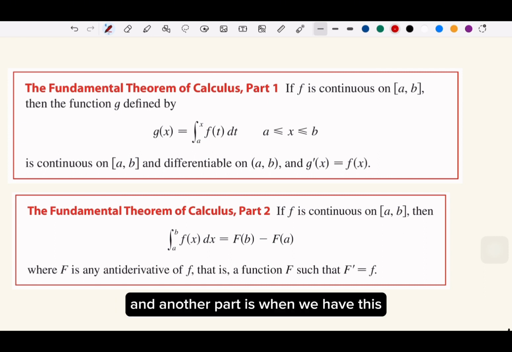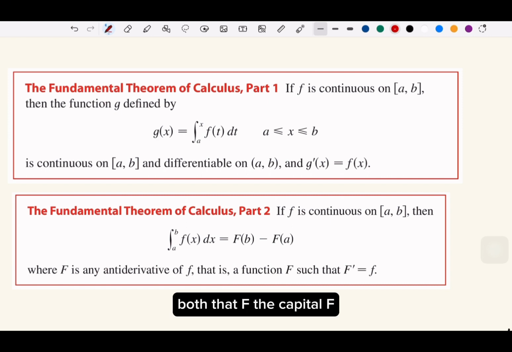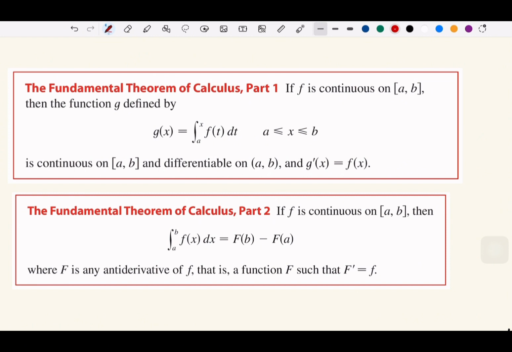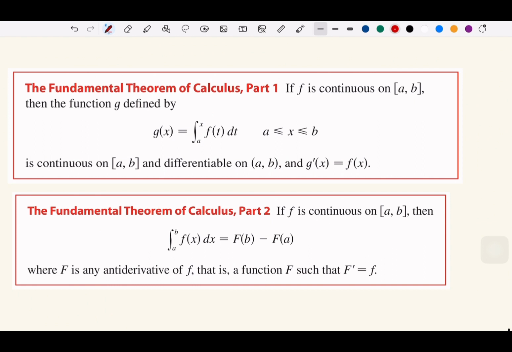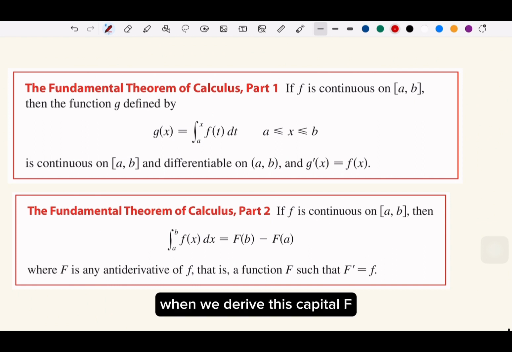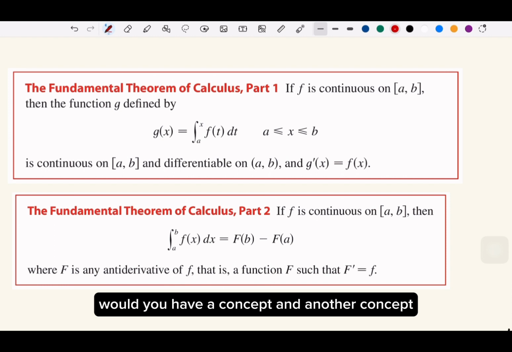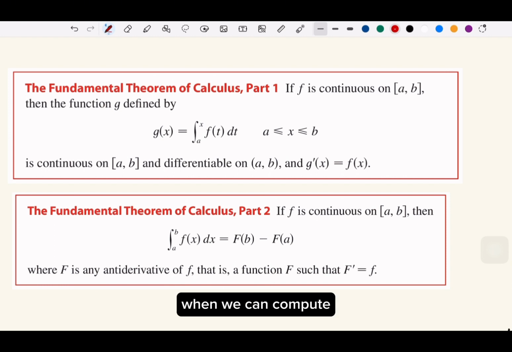Another part is where we have this. Suppose that capital F, we call that an antiderivative of the small f. When we differentiate this capital F, it is equal to f. Which means that when we have our integrations, we call this a definite integration, where we have a constant and another constant, which we can compute.